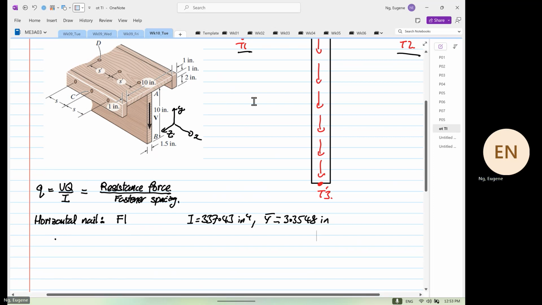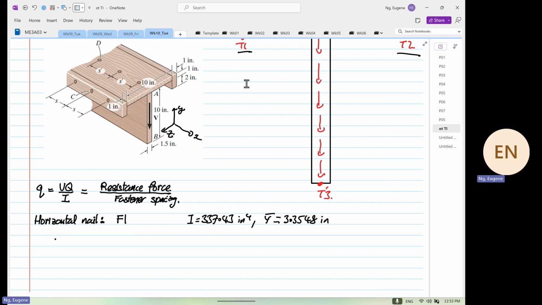Okay, coming back to here. Oh, it's dead. Did it come back? Okay. So what we have is I is 337.43, Y bar is 3.3548, and this is from the top. So it is this section that we only need to consider.